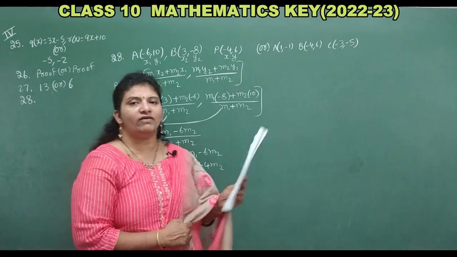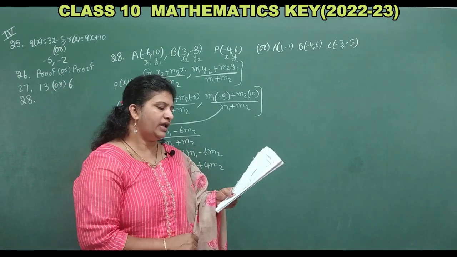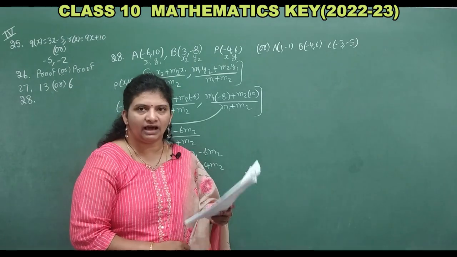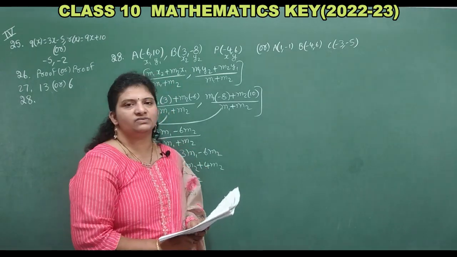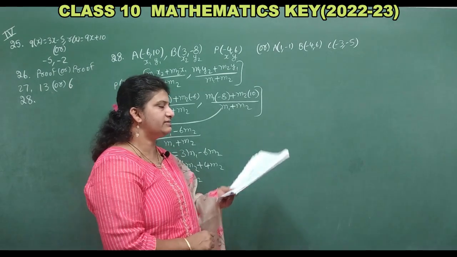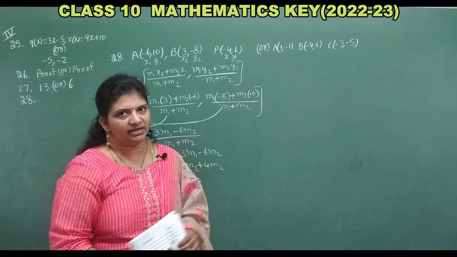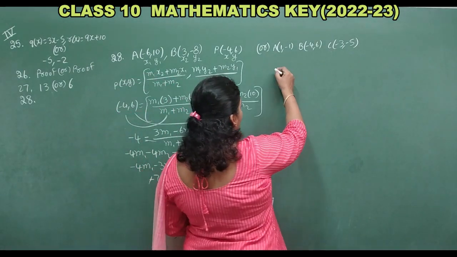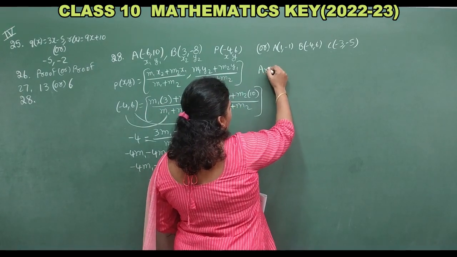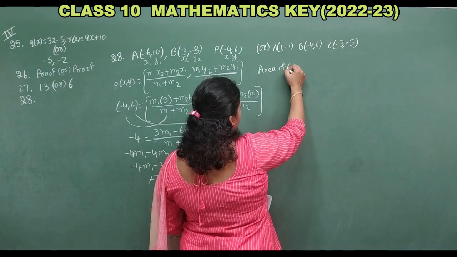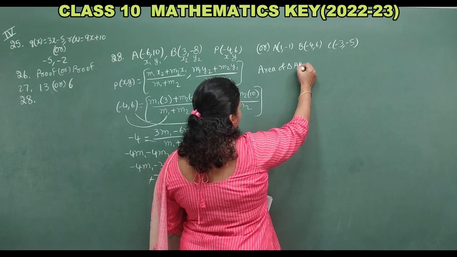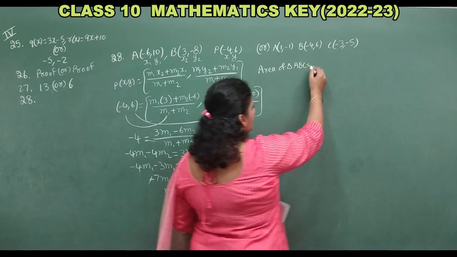In this, you have one more OR question. Find the area of a triangle whose vertices are A(1, minus 1), B(minus 4, 6) and C(minus 3, minus 5). So directly we go with the formula. Area of triangle ABC is equal to, what is the formula?